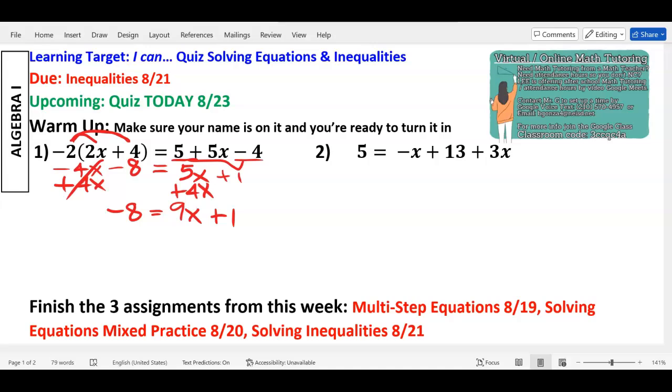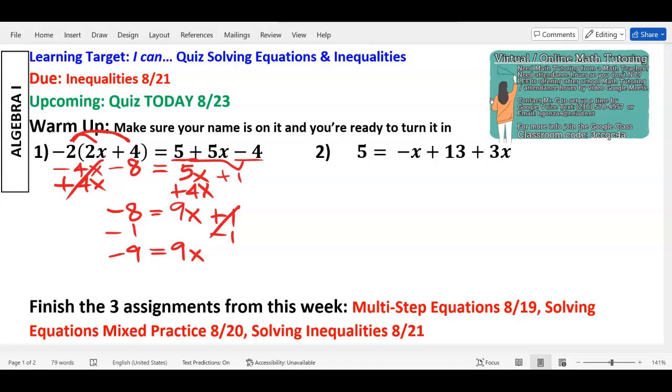The right side has x, so on the right side, what's the loner? Plus 1. So the opposite of plus 1, minus 1. Negative 8 minus 1 is negative 9. If you're not sure about that, please use a calculator. Not your phone, but an actual calculator or Desmos.